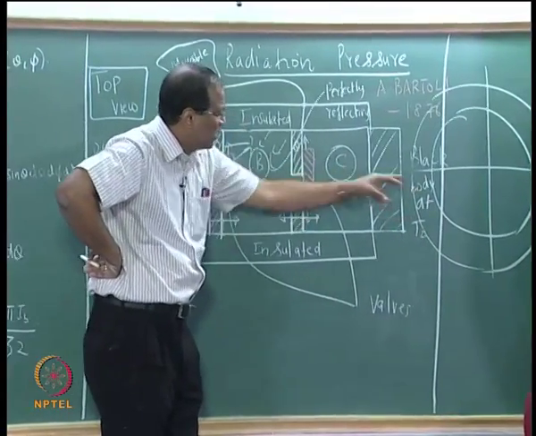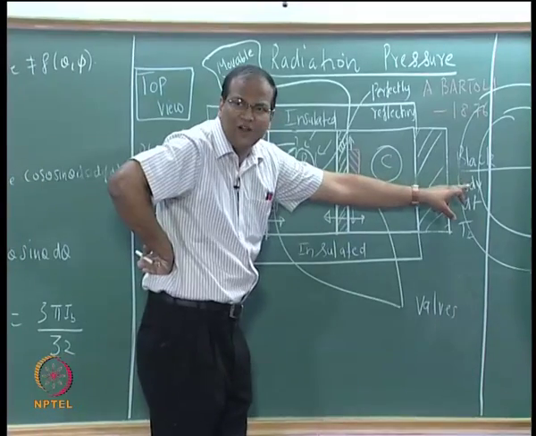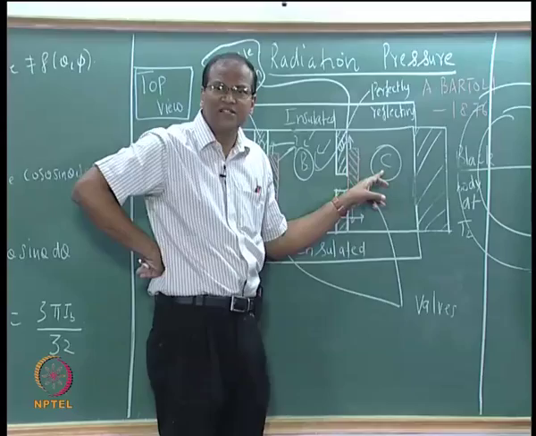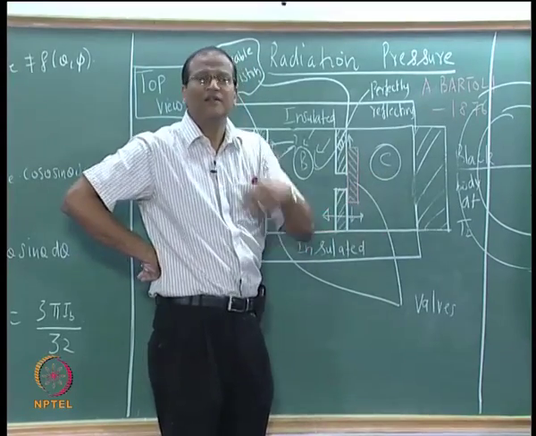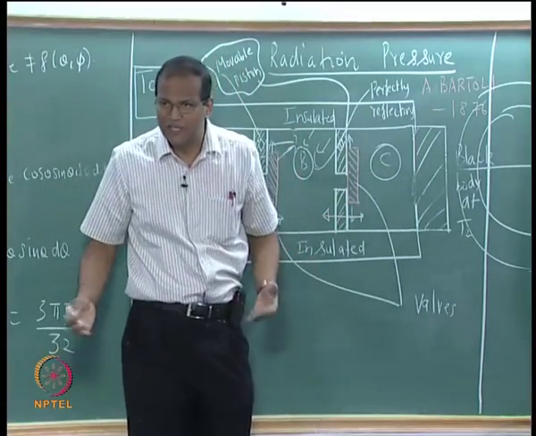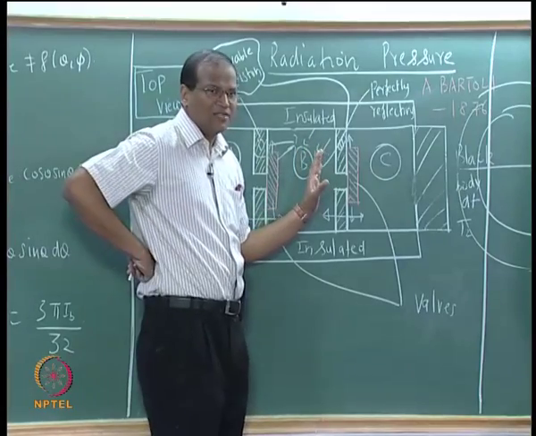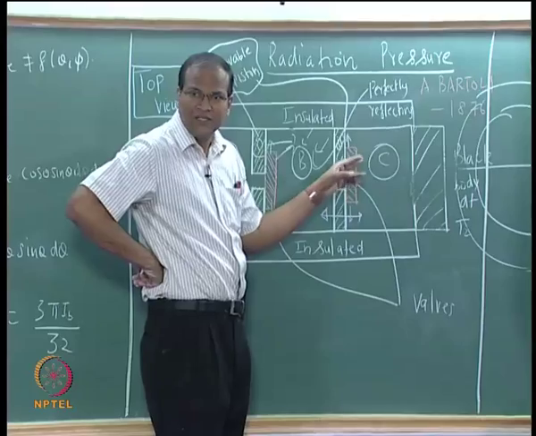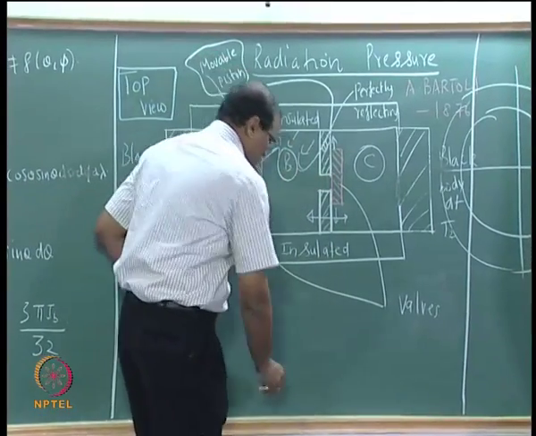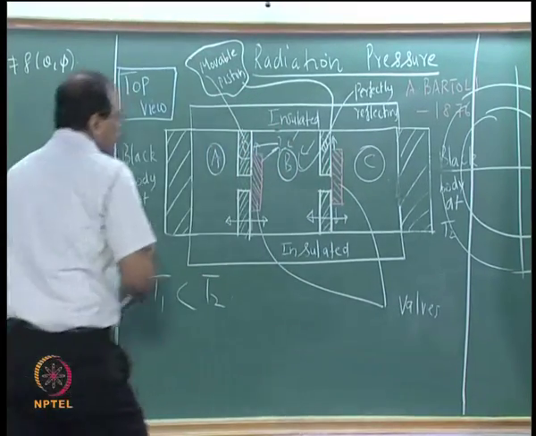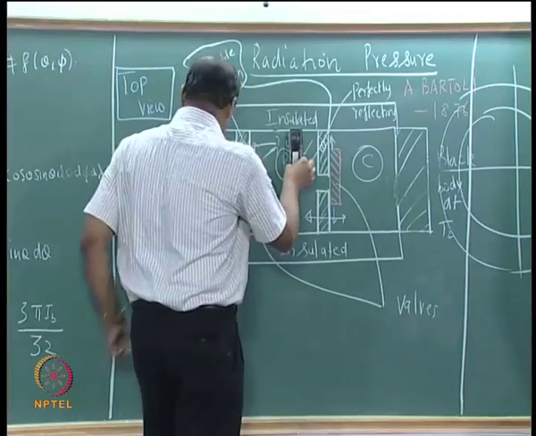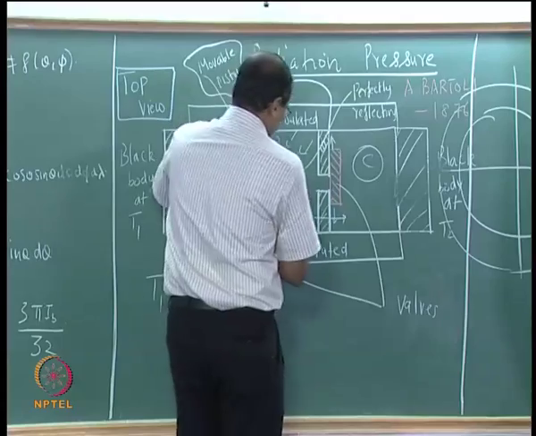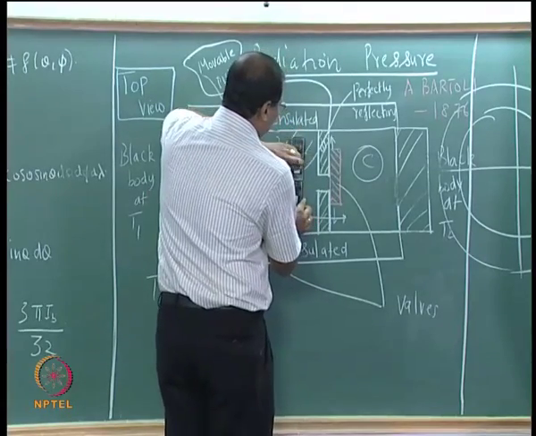Anyway, the chamber C is in contact with the black body at T2, therefore the radiation energy density corresponding to the chamber C will be the same as the black body at temperature T2. Now what happens is this is slid open, and the new position is here.